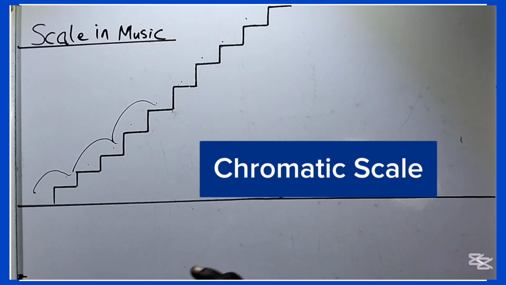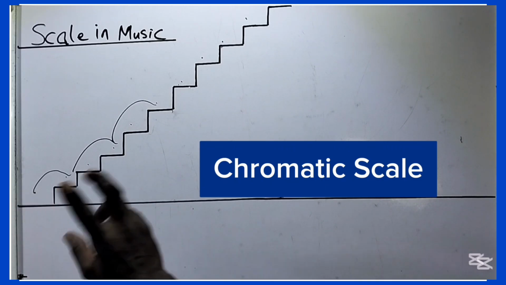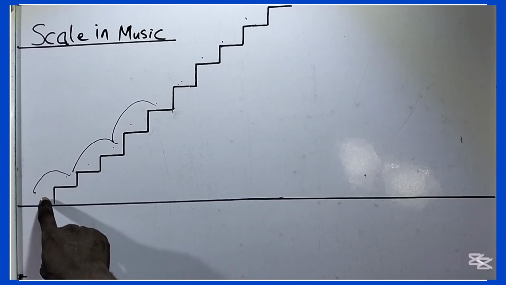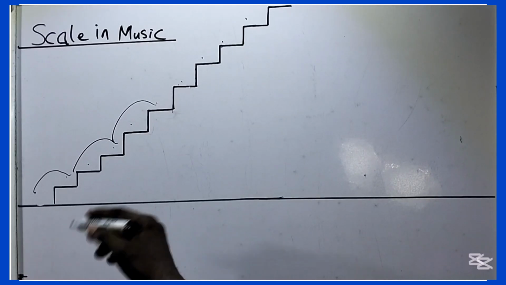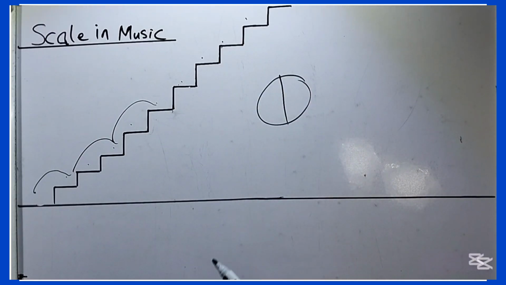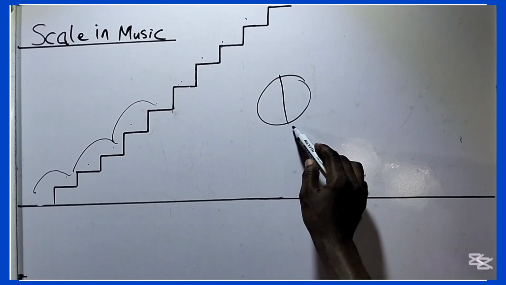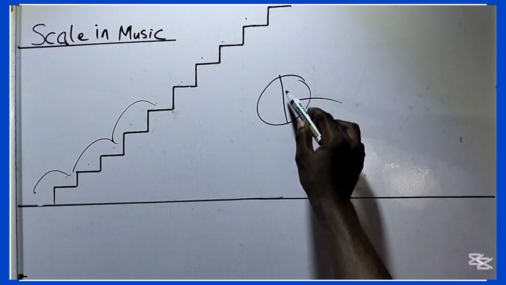So when they say half step or semitone, what it means is that in the chromatic scale it moves by half, which is a semitone. But in the diatonic scale, they move by a tone, which is made up of level 1 and level 2. So half of a tone is what we know as a semitone, just like a semicircle.